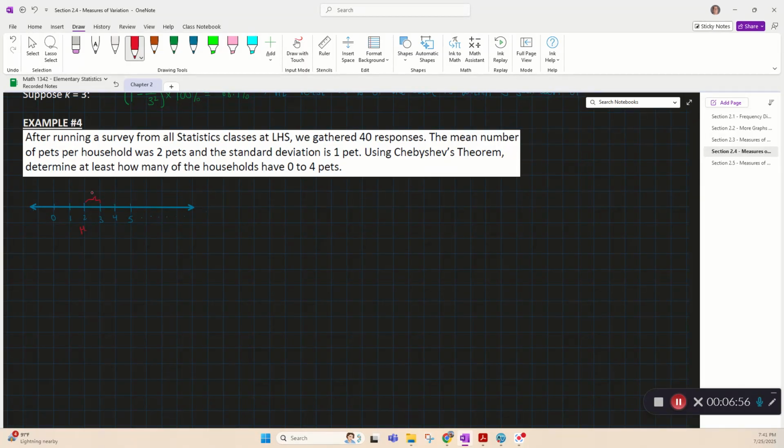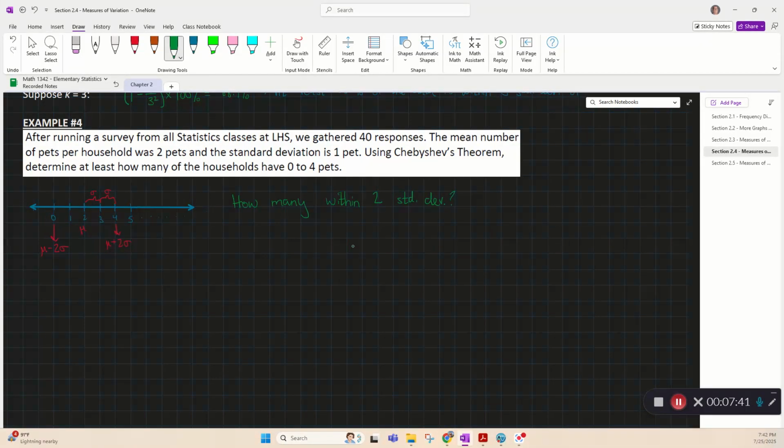So this is sigma. That's sigma. So each unit is 1 sigma. So 4 is equal to mu plus 2 sigma. 0 is equal to mu minus 2 sigma. Which means what they're really wanting is how many are within 2 standard deviations. Because it says 0 to 4.